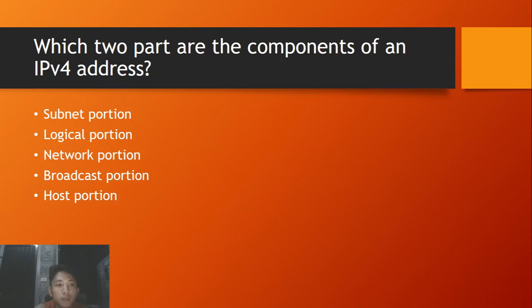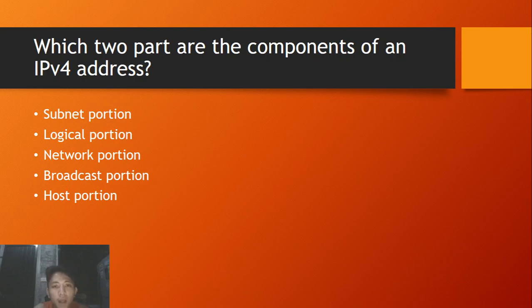So next is, which two are the components of an IPv4 address, or Internet Protocol version 4? We have here the subnet portion, logical portion, network portion, broadcast portion, host portion. We have two choices for this question, and the answer is the network portion and the host portion.